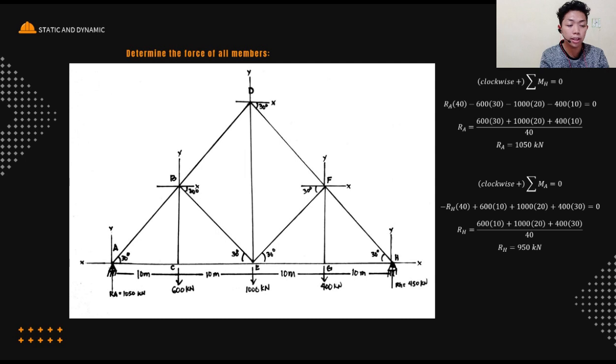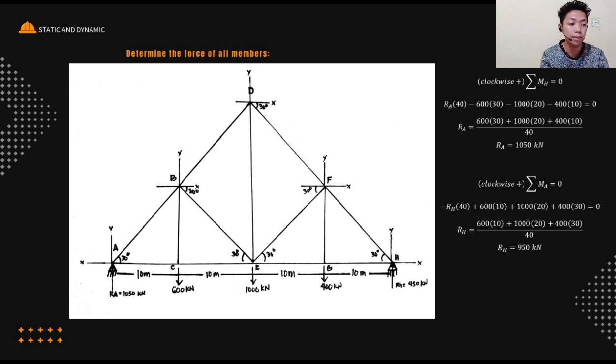To get that, we will use equilibrium, so we will use moment. To get resultant A, we take moments about H. So, summation of moment at H, clockwise is positive and counterclockwise is negative. RA has a moment arm of 40, so it is positive because its direction is clockwise. Then the 600 has a moment arm of 30, negative because it is counterclockwise. The 1,000 has a moment arm of 20, counterclockwise, so negative.